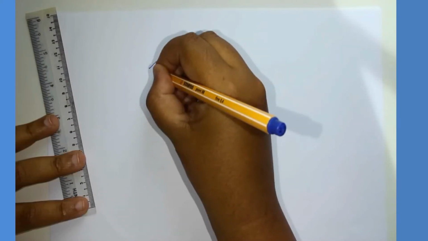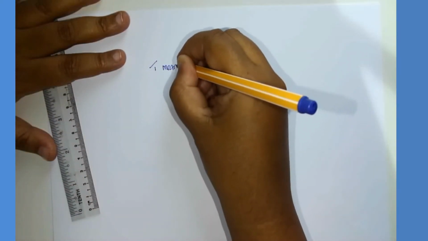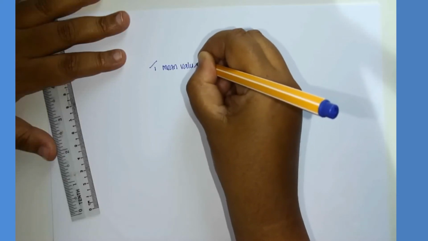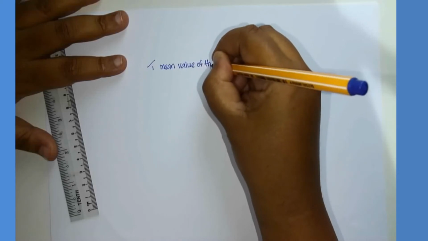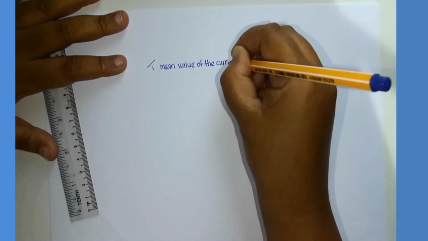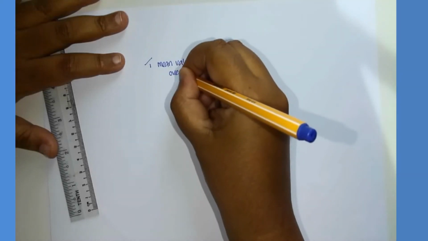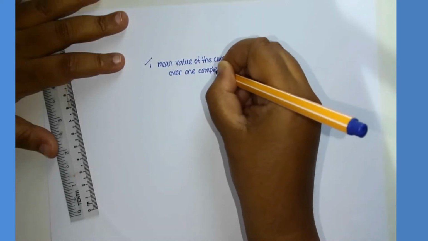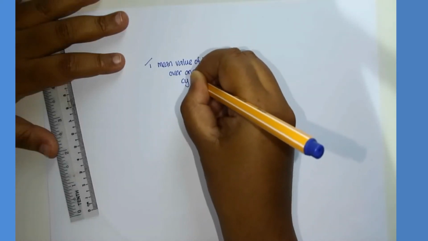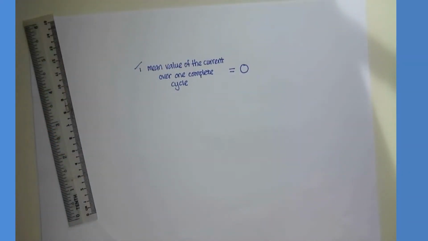Concept number 1: the mean value of the current over one complete cycle is equal to 0. Why do we say that?